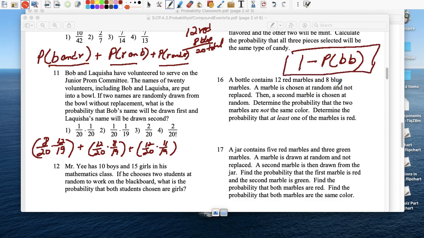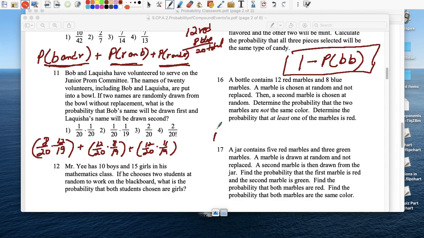But in order for you to understand this, you would have to know that the complement of taking 2 blues is made up of 3 parts: blue and red, red and blue, and red and red. So that's the complement, right?